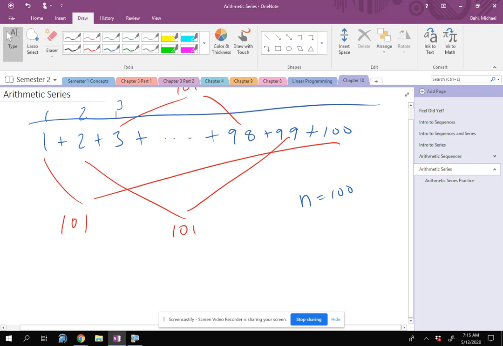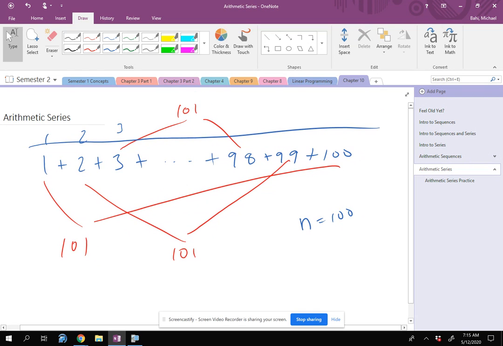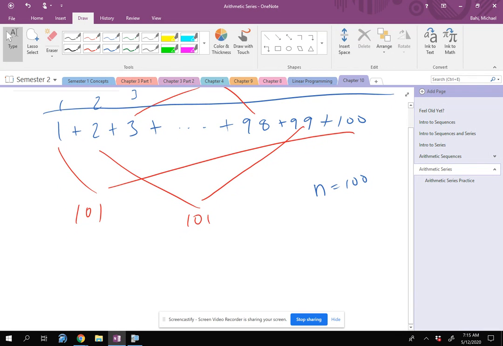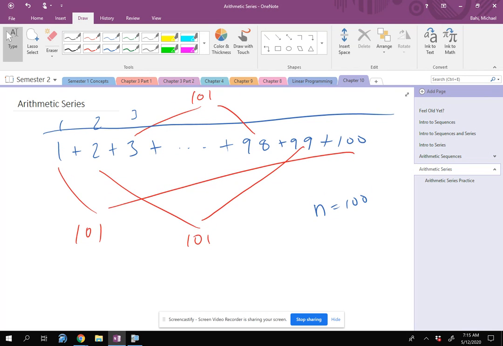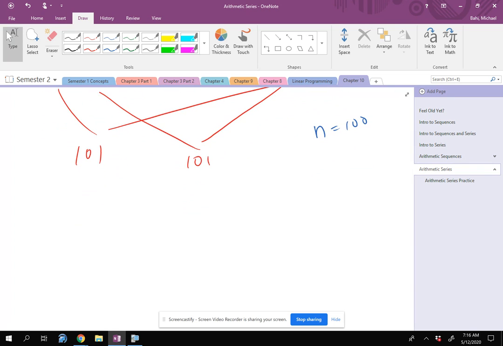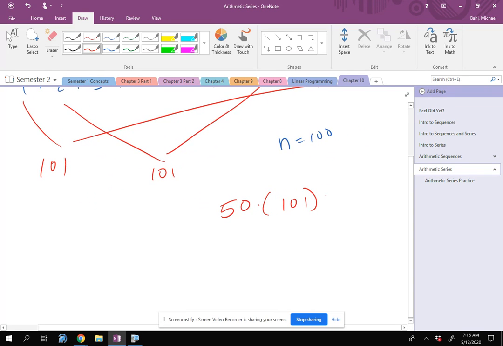If there's 100 numbers in this series, I know that 50 pairs are going to equal 101. So we know there's going to be 50 pairs of 101 sums, which gave us 5,050.